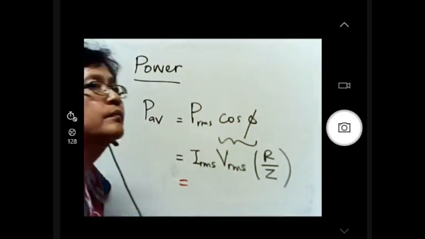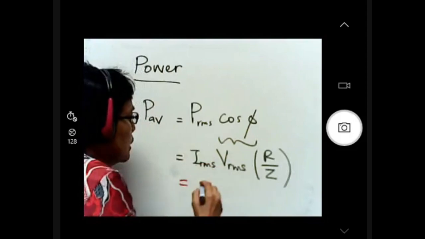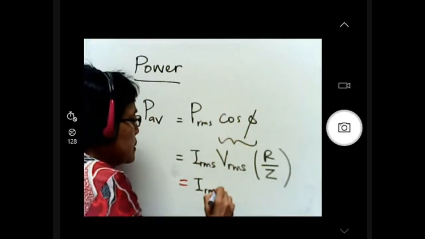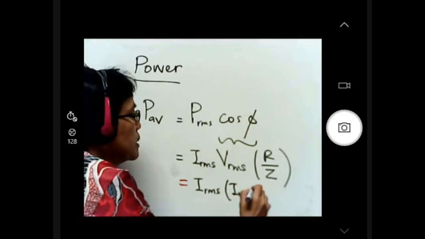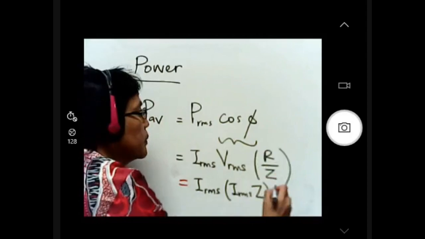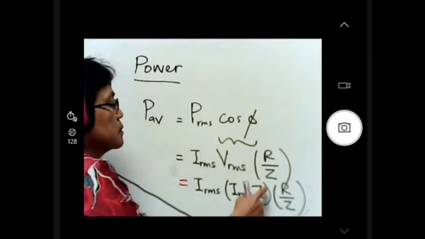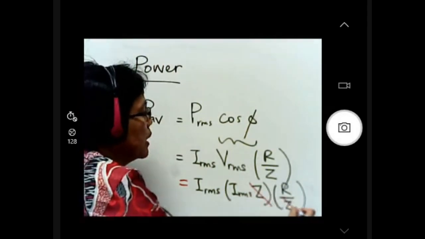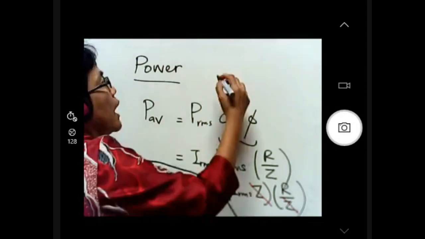Okay? Did you get it? So I can write this as IRMS multiplied with IRMS Z, multiplied with R over Z. So what happened to your impedance? Impedance will cancel out. So we have another equation for average power.